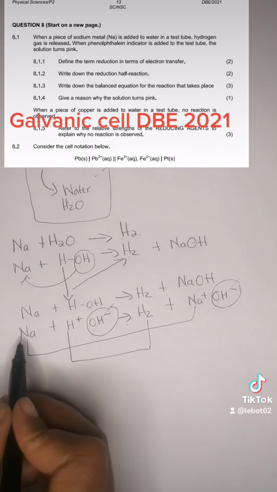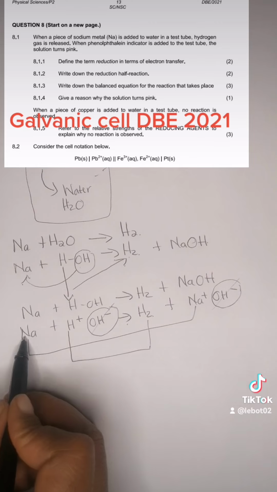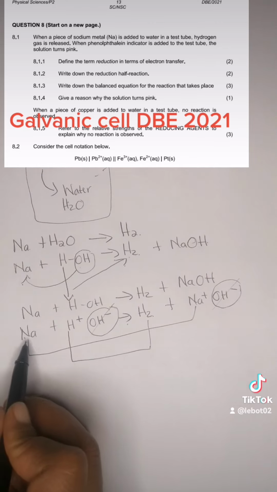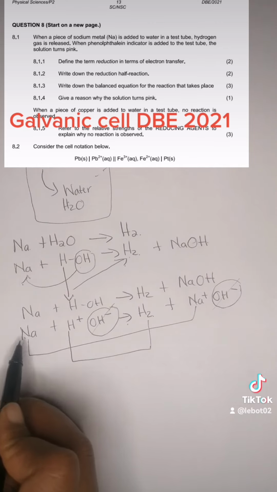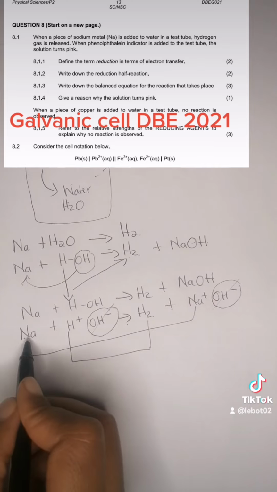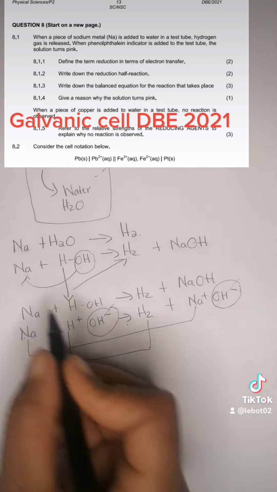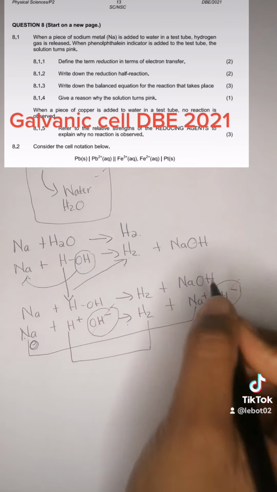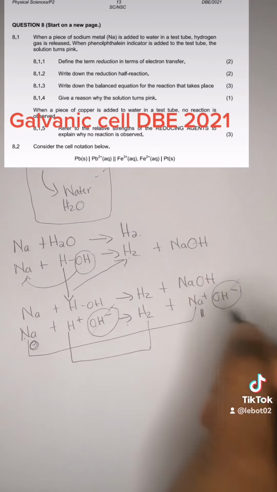Okay, so now you can see that the oxidation number of a neutral atom is what? Is 0. So by a neutral atom, we are saying the oxidation number of an element that does not have what? That does not have a charge is 0. The oxidation number of Na plus is what? Is 1.